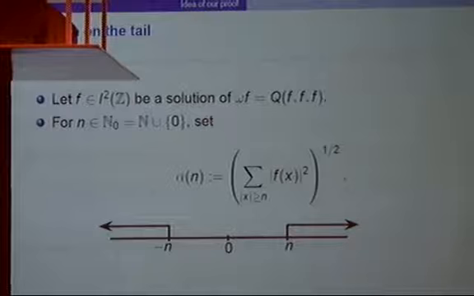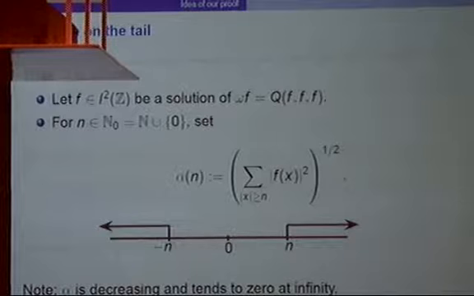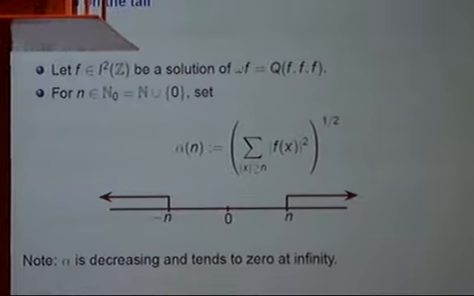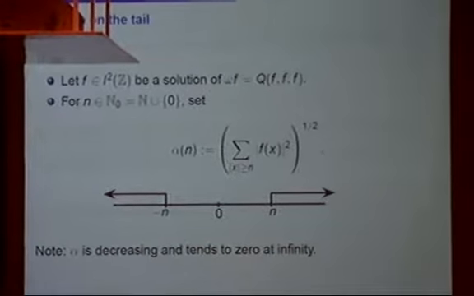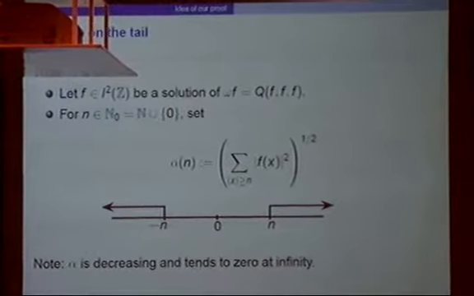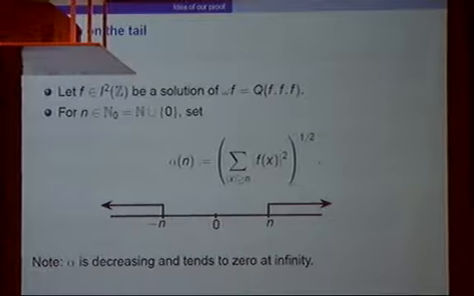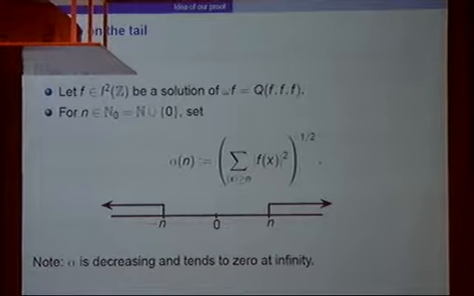And easily we can see that this alpha is decreasing in n, sure, right? And this alpha decays to 0 as n goes to infinity, since this f is in L2.